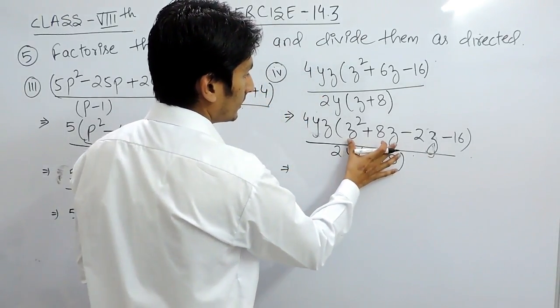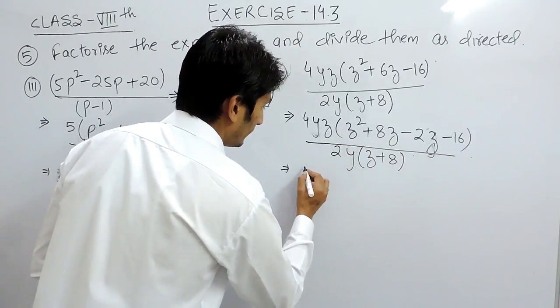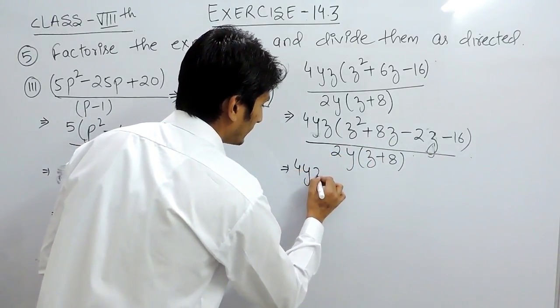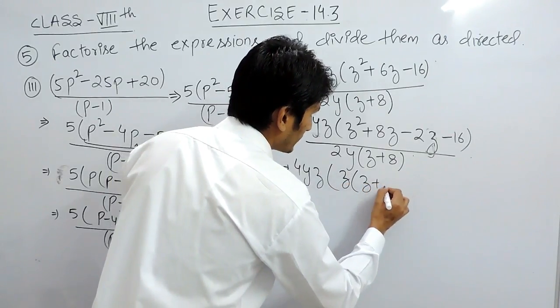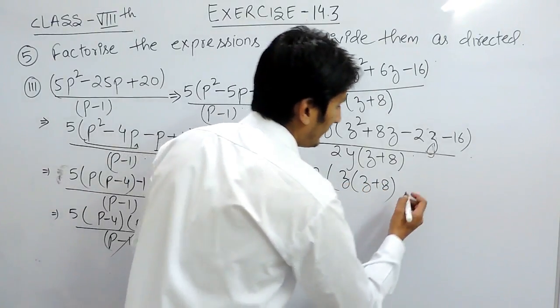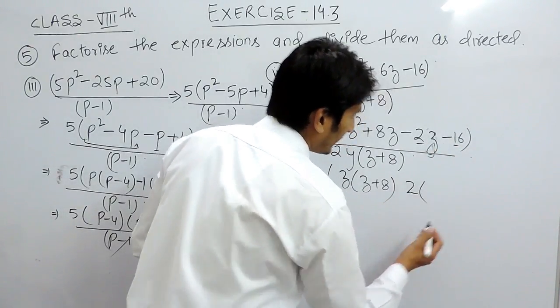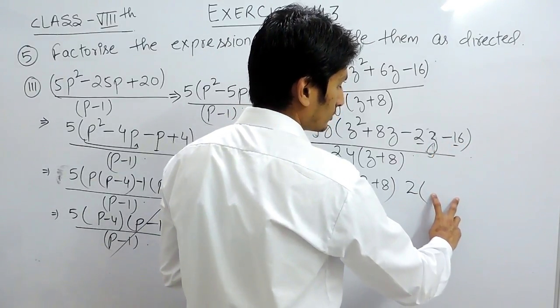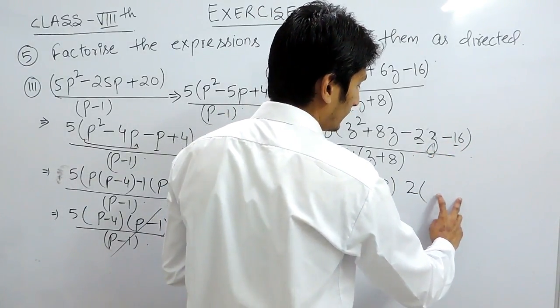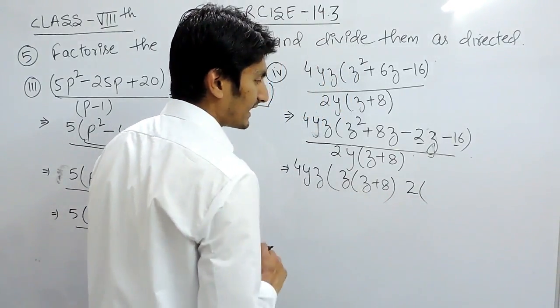Now we have to take common, so from these two terms z can be taken and the remaining term will remain as it is. So if I take z as common, z plus 8 will remain, and now from here and here 2 is a common factor. So if I take 2 as common, minus z and minus 8 will remain inside the bracket, but again you have to make their sign same.